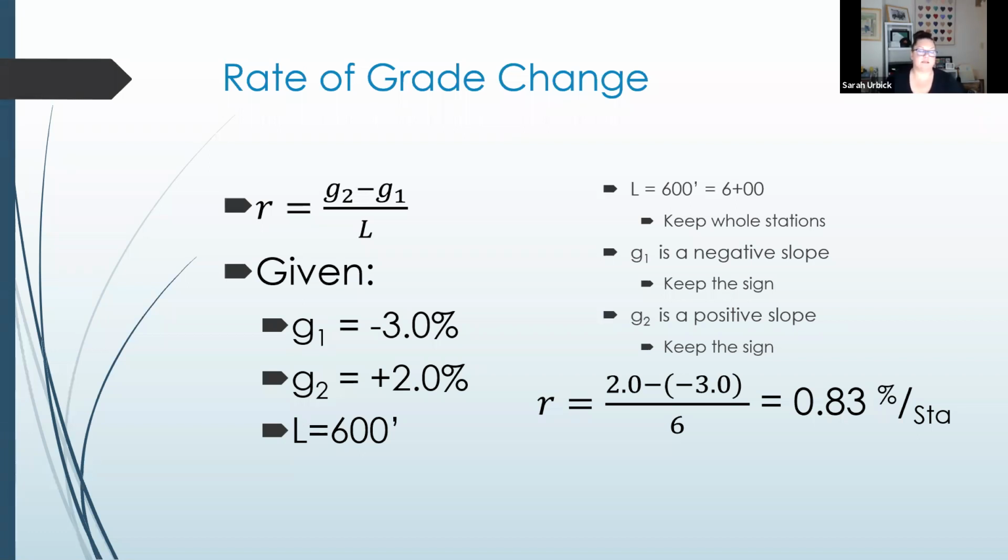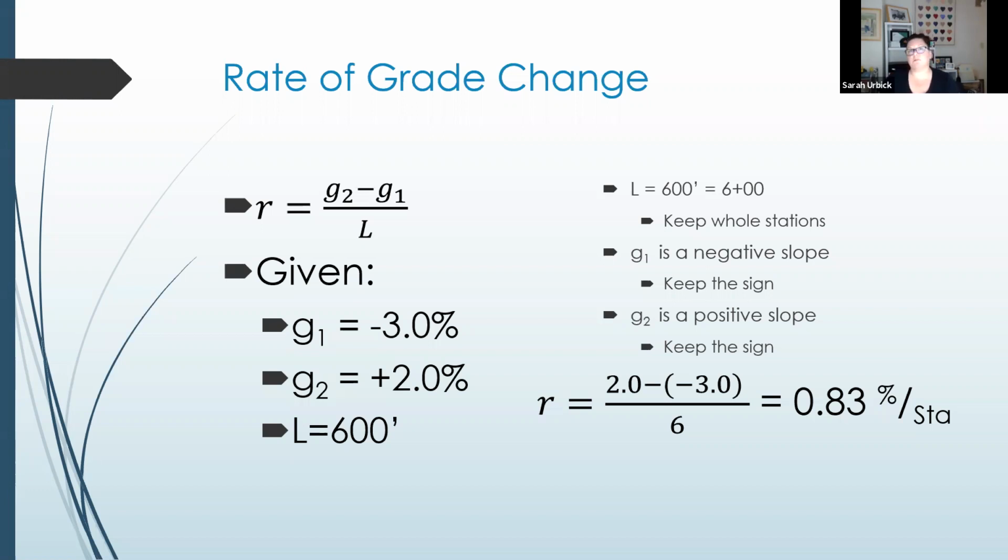All right. In this example, G1 is a negative slope. We're going to keep the sign negative. G2 is a positive slope. We're going to keep the sign. So we have a positive minus a negative gives us a positive divided by our number of stations.